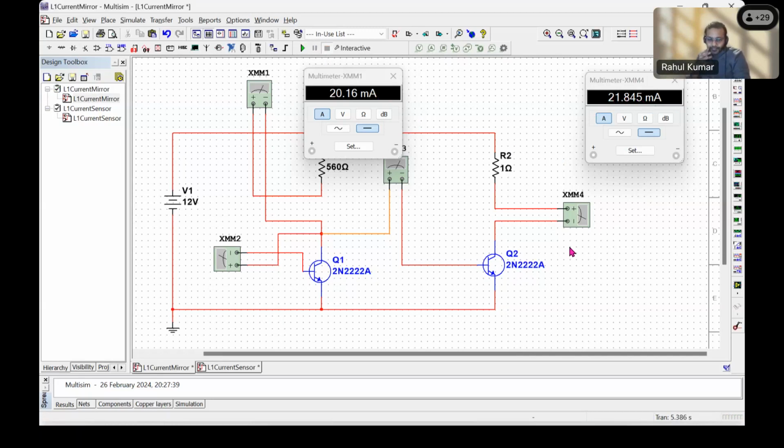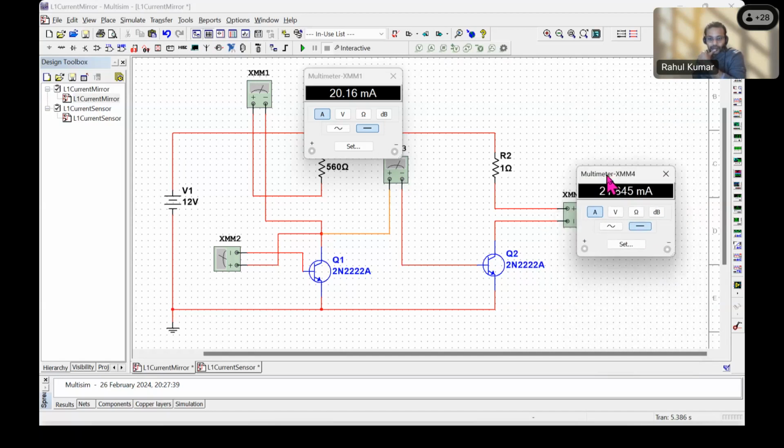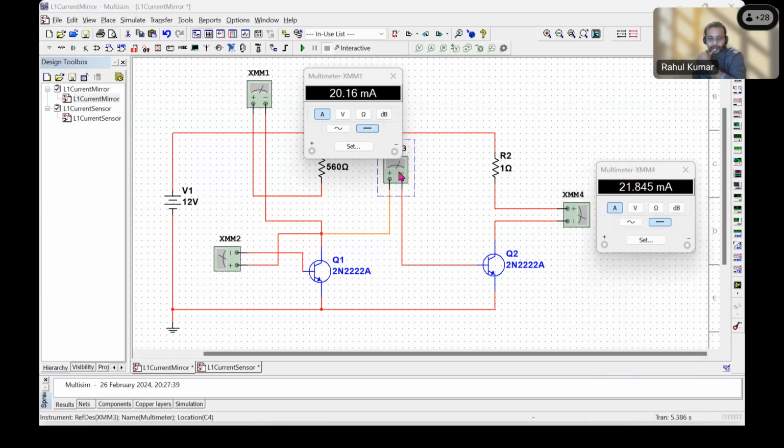Right? Now, another thing which I want to do is calculate the value of current gain. So we got the ammeters connected. We can calculate the current gain. So this is the output, and this is the input for Q2.